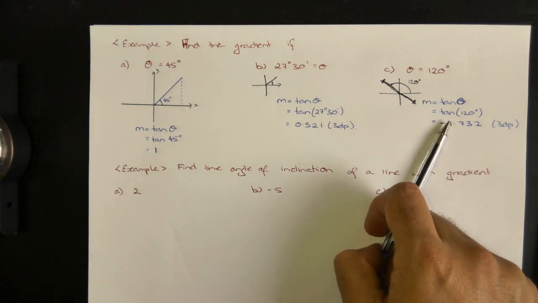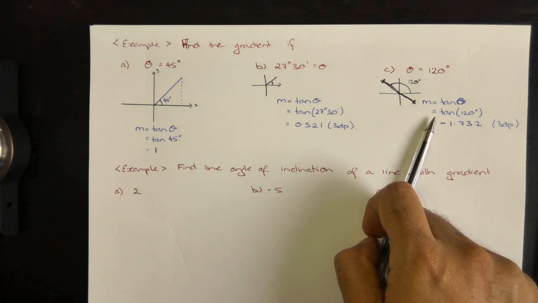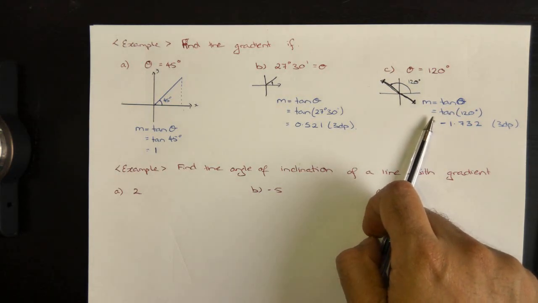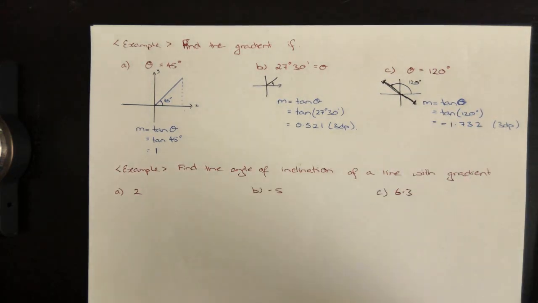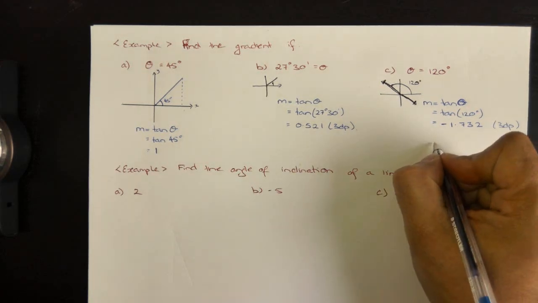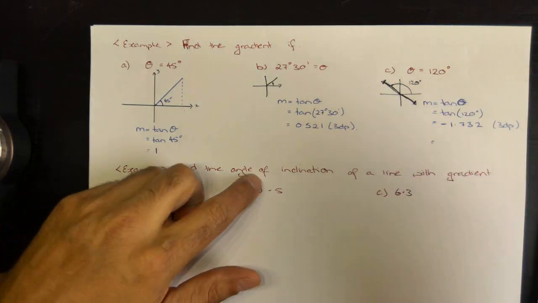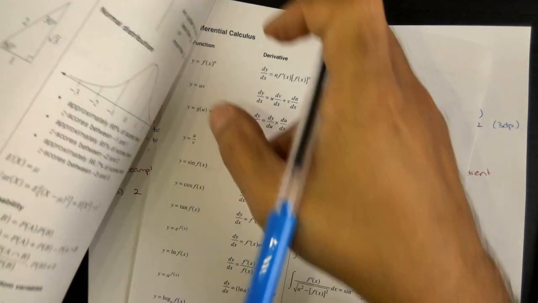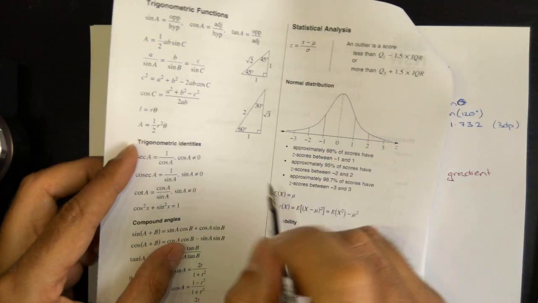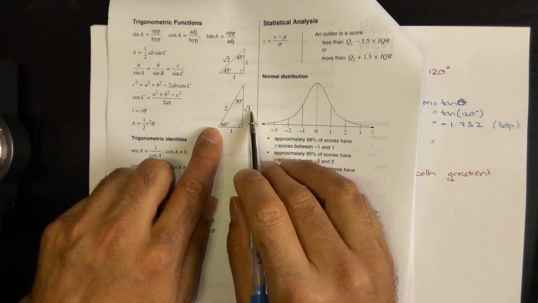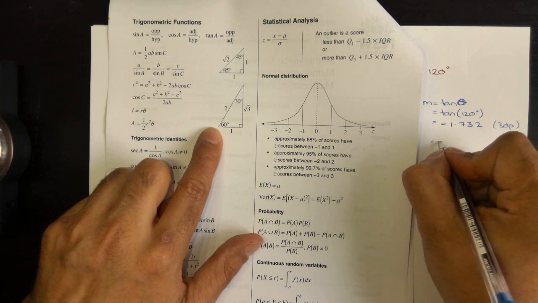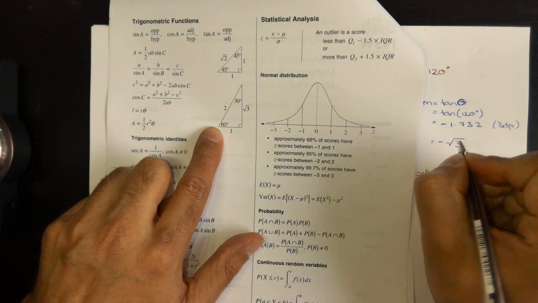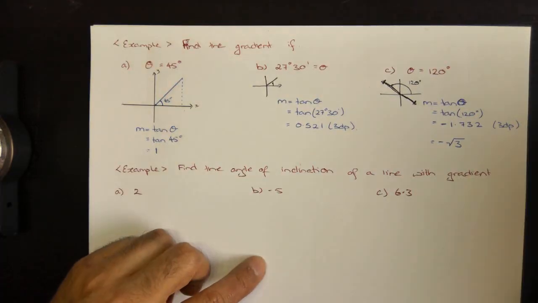If you do know what exact triangles are, this is basically going to be the exact triangle 60, looking at our exact triangles, which is on our formula sheet. So tan of 60 is opposite over adjacent, so it's going to be negative root 3 as an exact value.